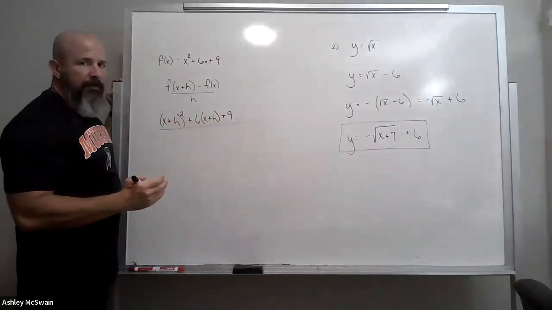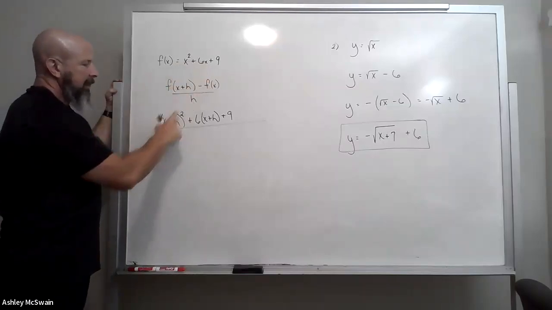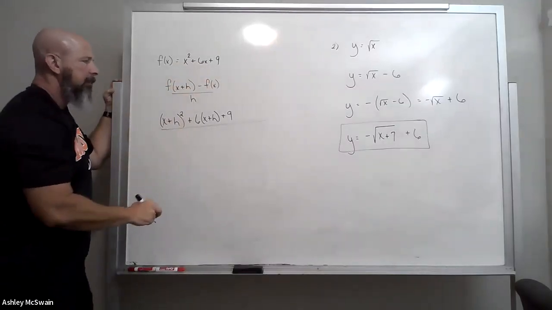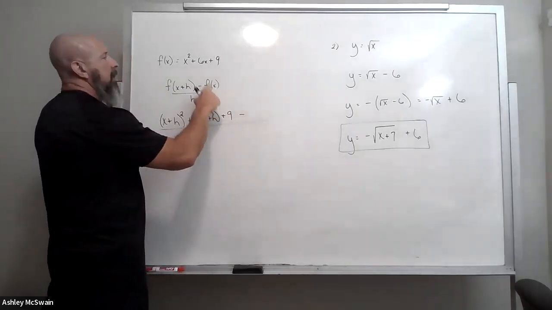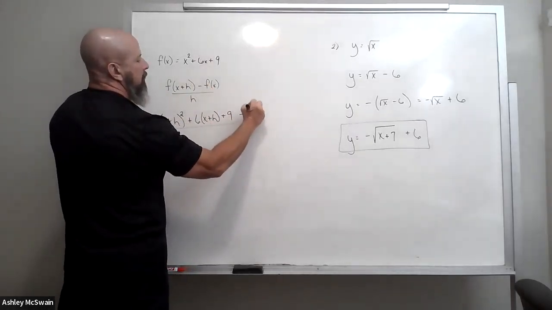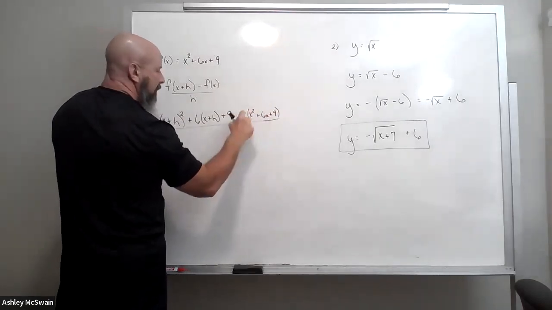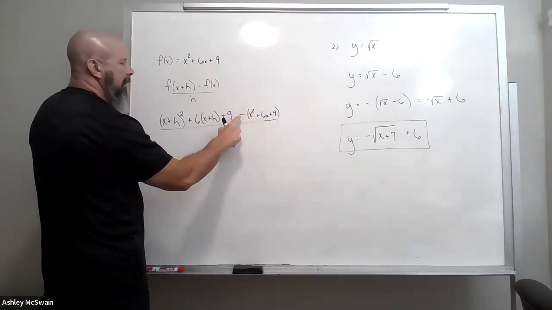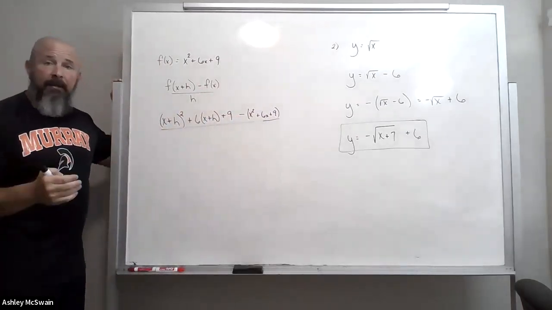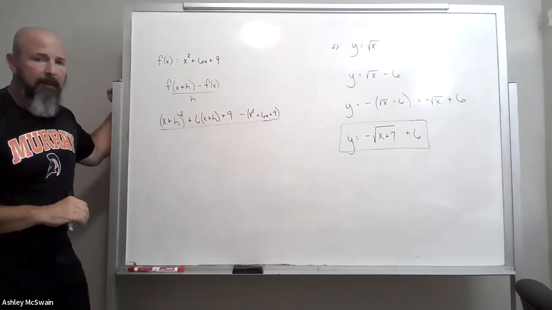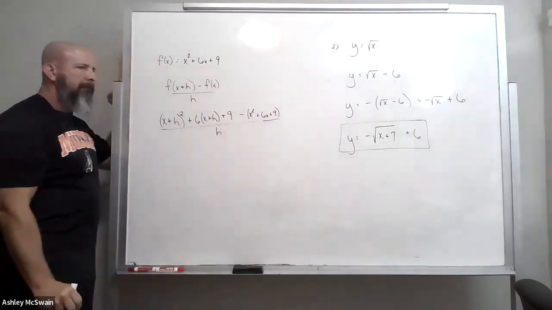So I've substituted x plus h in for each x, minus the entire f of x, which would be x squared plus 6x plus 9. Notice I've got parentheses around that because I'm subtracting the entire function. That means I'm going to have to distribute that negative. And then the easy part, just over h.